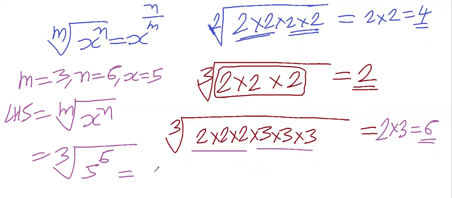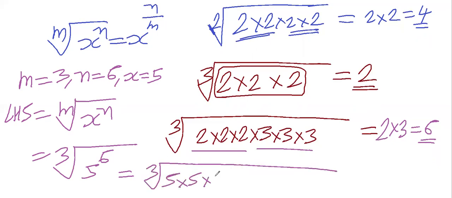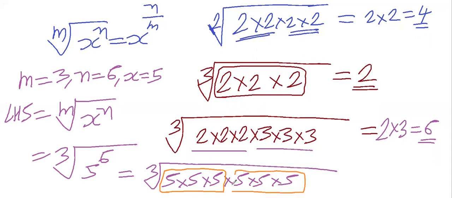So what I'll do is write this 5 six times: 5 into 5 into 5 into 5 into 5 into 5. Because of this cube root, I am going to group triplets like this, and here also like this. So what answer will I get? 5 into 5, which is 25. This is what I have shown through the left hand side.